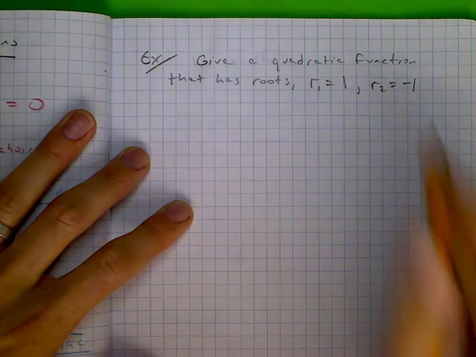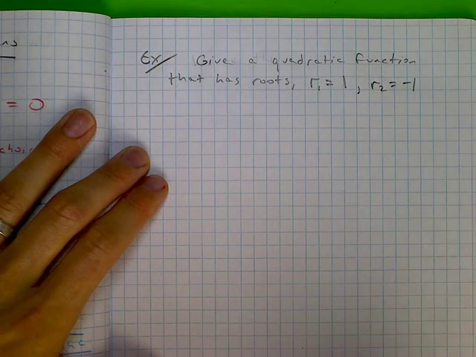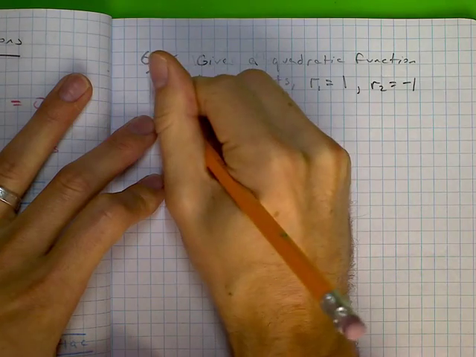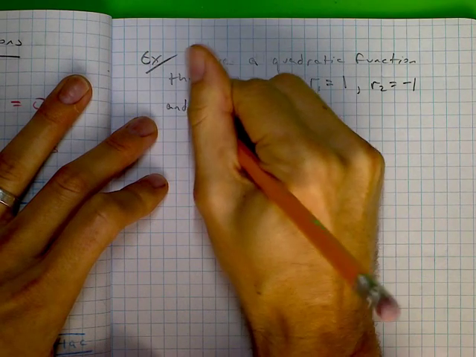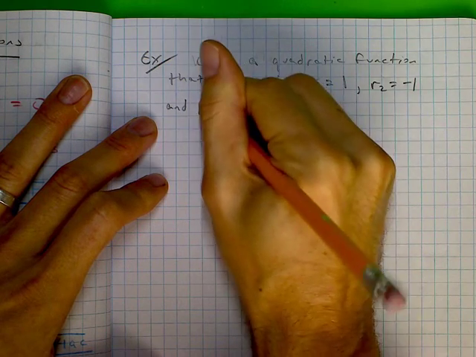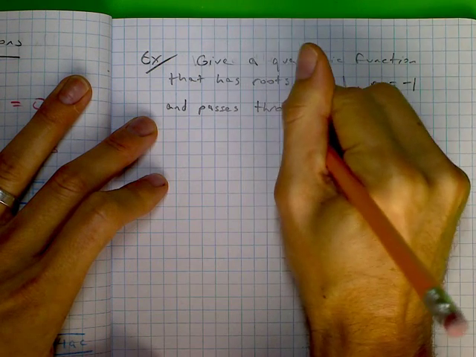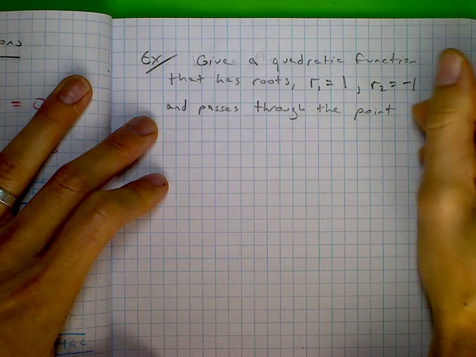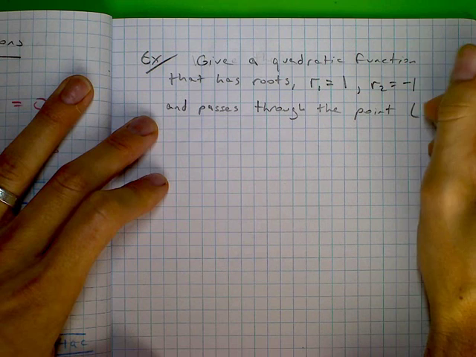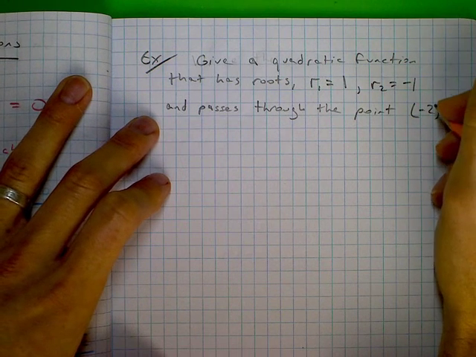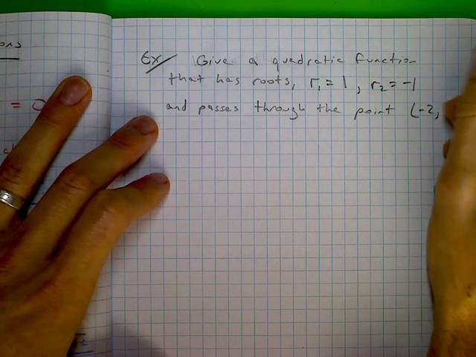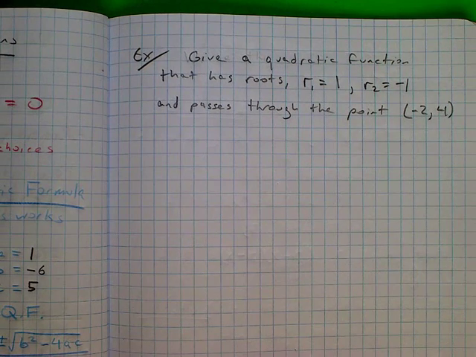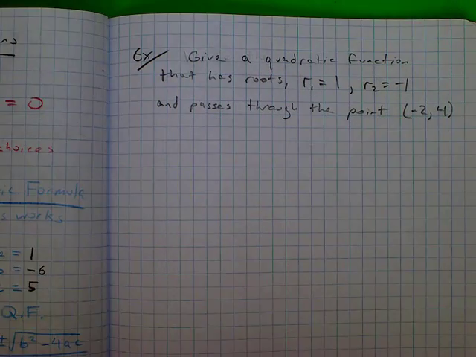Okay. And it passes through the point, let's say, -2, 4. Yeah, we'll go with that. Okay.